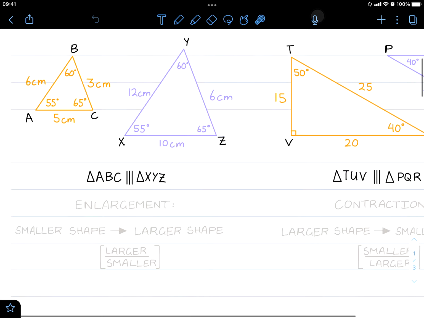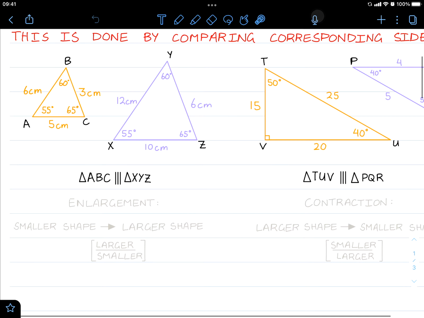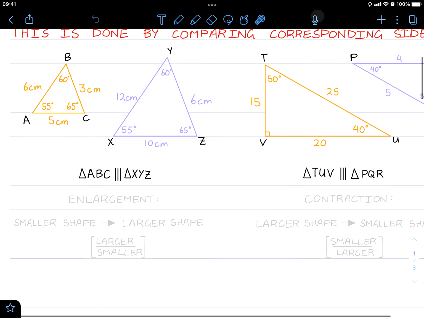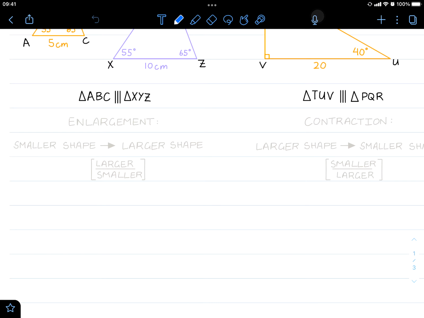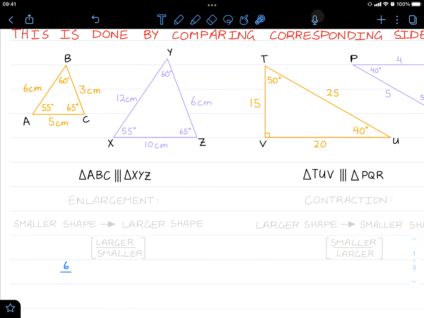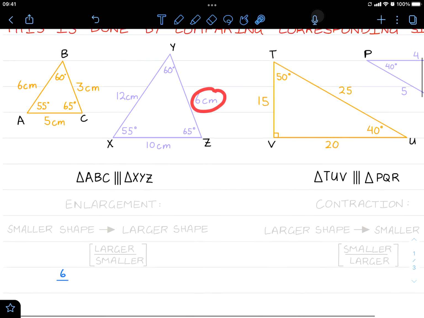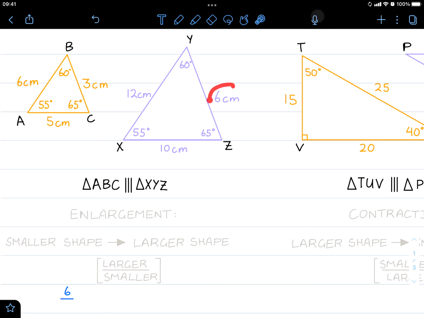To find the scale factor, we take a value from the larger. So let's say I take 6. We're going to divide that by the corresponding side to 6. So 6 is opposite 5, well, 5 is opposite 3.